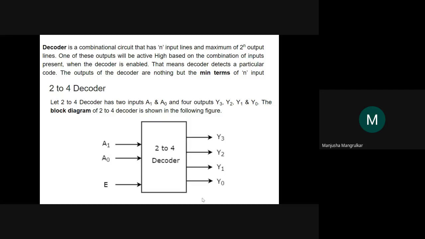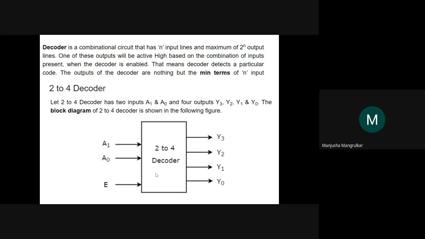One of these outputs will be activated high based on the combination of inputs present. Any one of the outputs will be activated high on the basis of the value of A0, A1, right? When the decoder is enabled, that means the decoder detects a particular code.